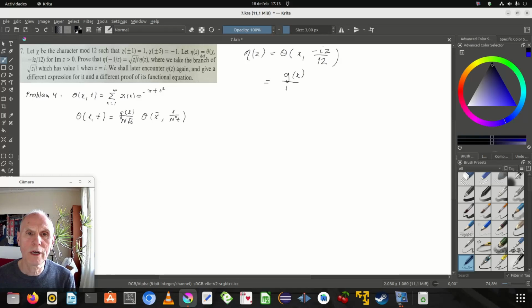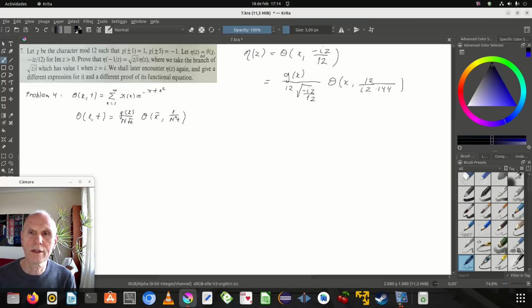Divided by 12, square root minus iz divided by 12 times theta, and chi is real, so it's the same, and then 12 divided by I z, 144.